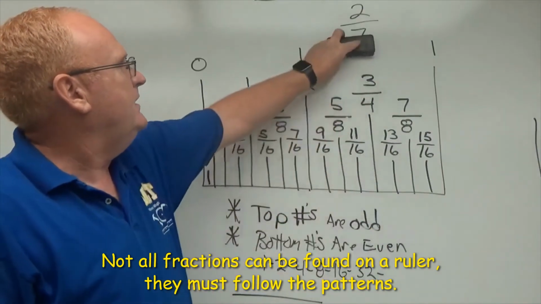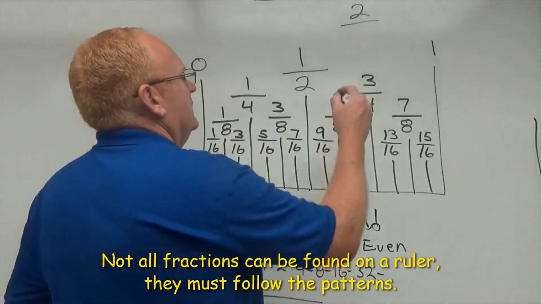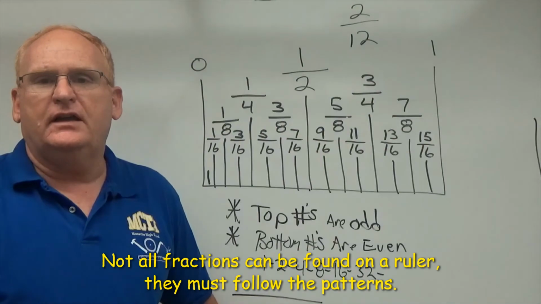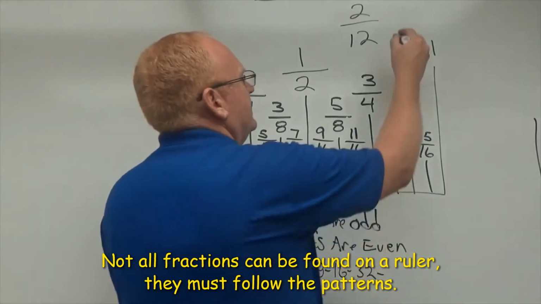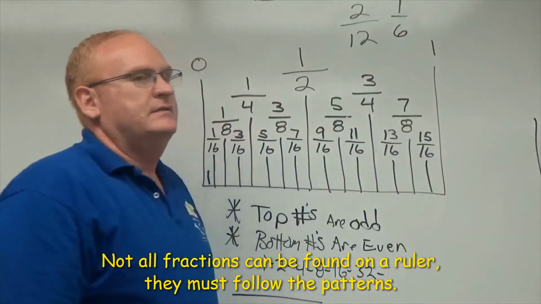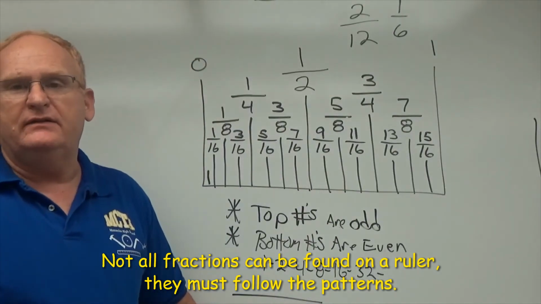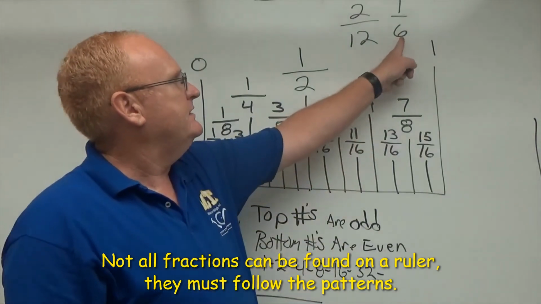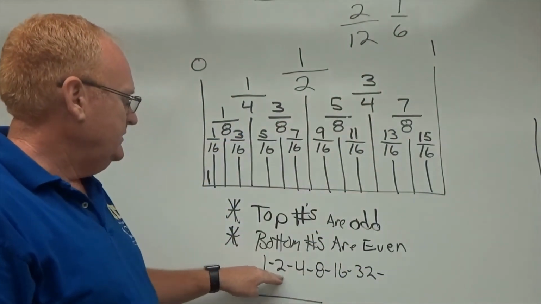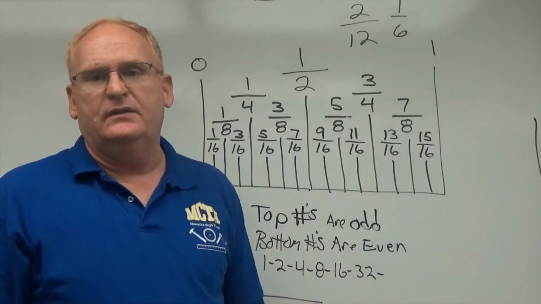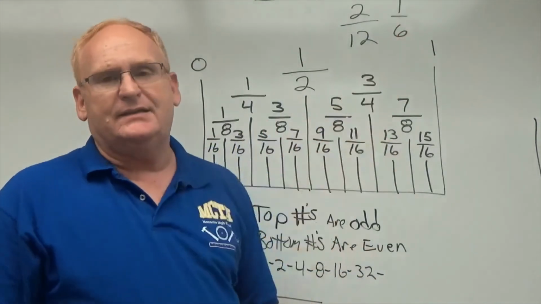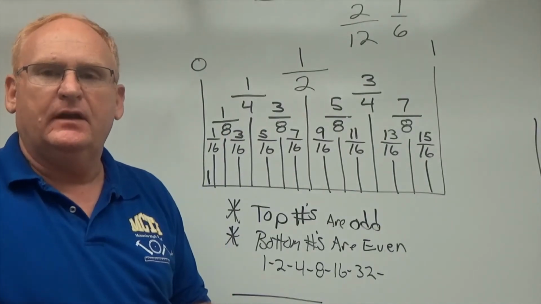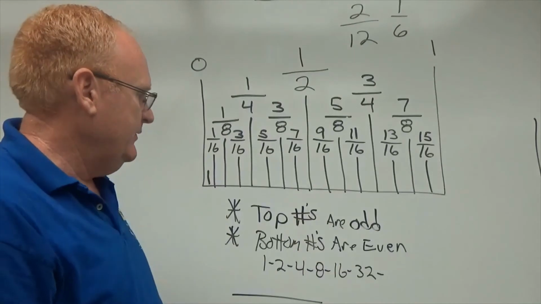But what if I did 2 twelfths? And then you're thinking, oh, that reduces. I can make that into 1/6. Okay, top number's odd, bottom number's even. We're good, right? No, it does not follow the pattern. 6 doesn't fall into our 1, 2, 4, 8, 16, 32. So there is no 1/6 on a standard ruler. Okay? So that makes sense? Hopefully it does. Let me show you one more thing.